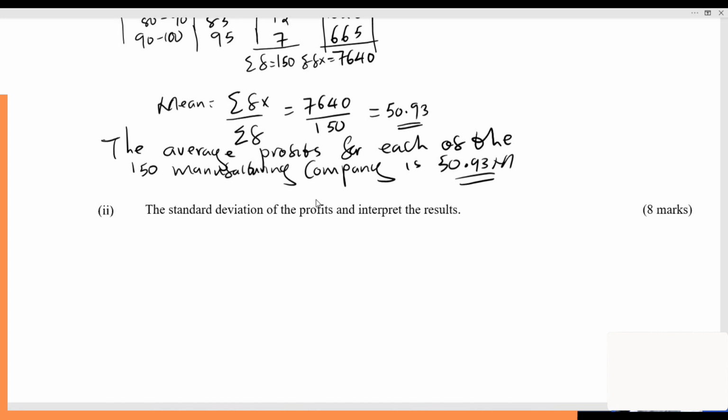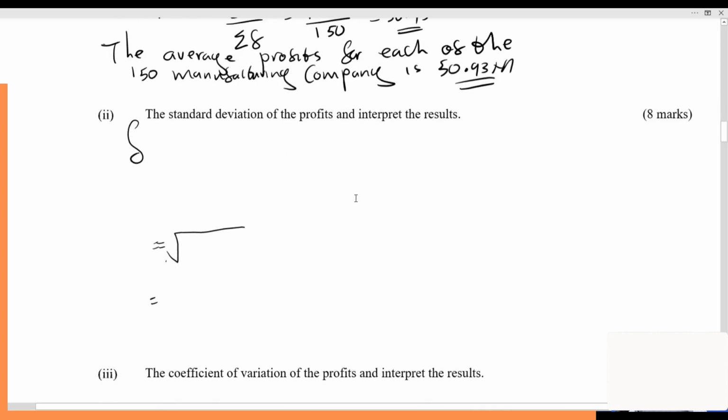We previously said if you want to find the standard deviation, which is the sigma, you need to find the square root of the variance.